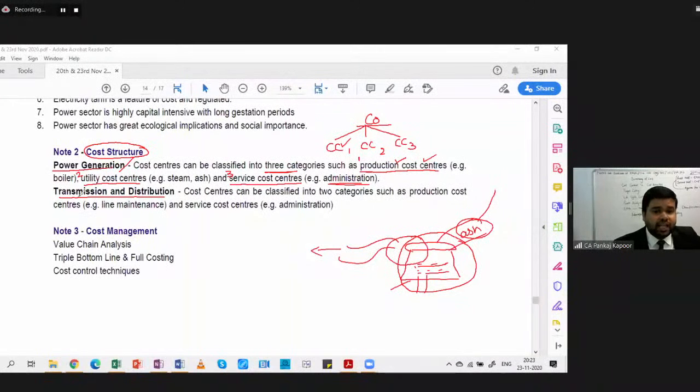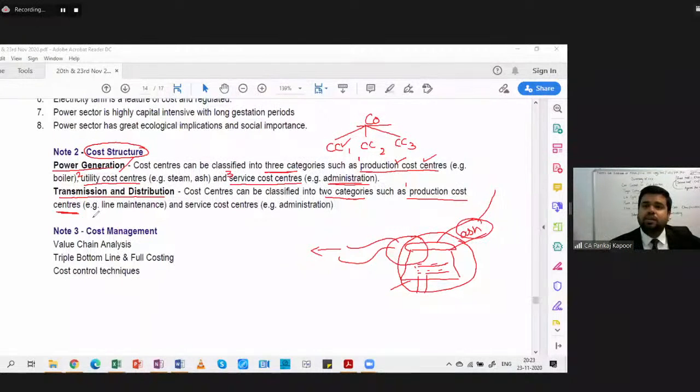Okay. In the case of transmission and distribution, friends, there are only two categories of cost center. What are those? The first category is the production cost center. What are the production cost centers? The substations. The cost which you incur to manage an individual substation is nothing but the production cost center.